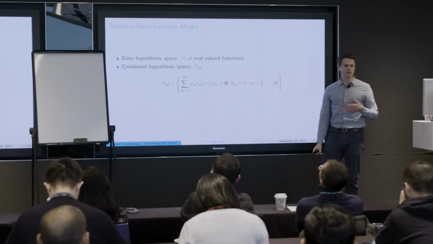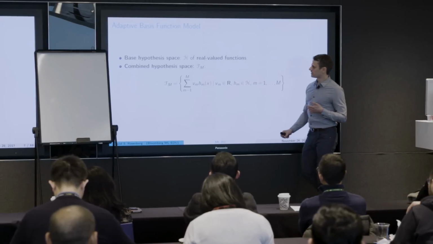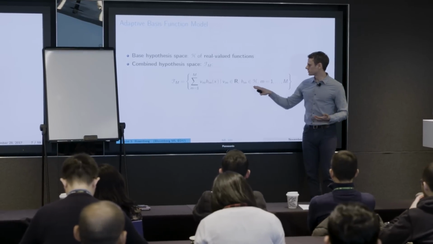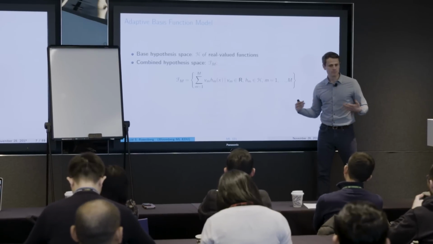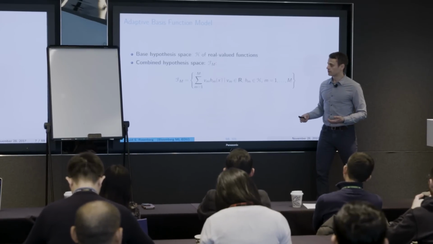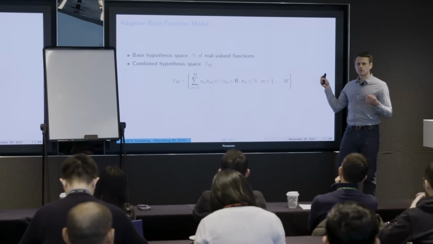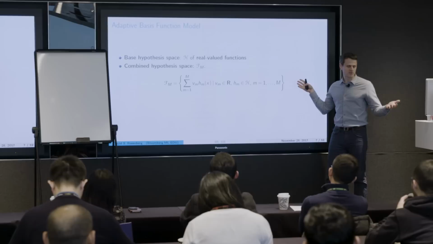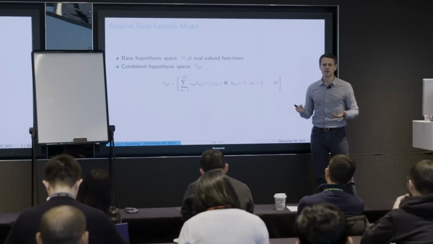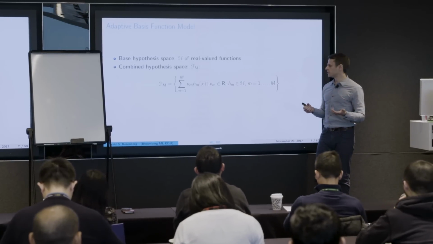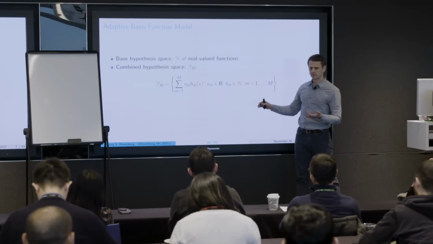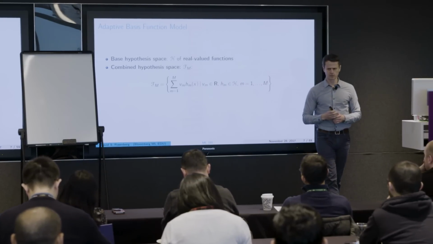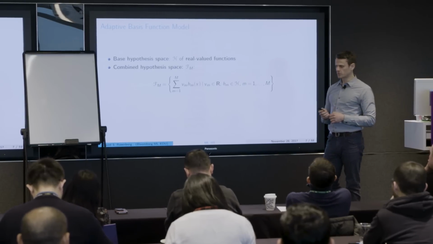So we can now think of our hypothesis space as this collection of linear combinations of feature functions, where each of the feature functions is chosen itself from the base hypothesis space. So we can call the set of functions that we eventually are predicting with a combined hypothesis space, or just the hypothesis space. And it's a collection of linear combinations of some finite choice of functions from our base hypothesis space. Clear? Okay.